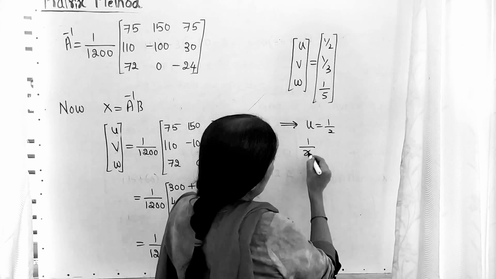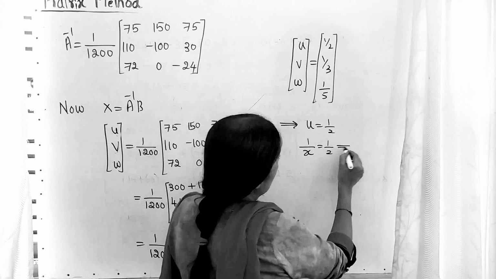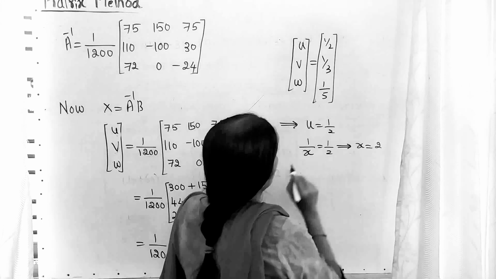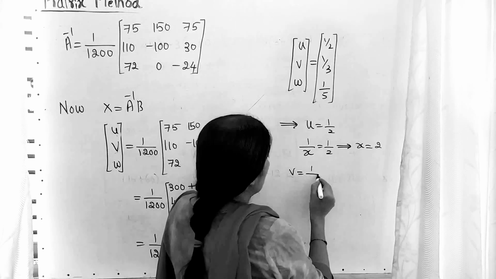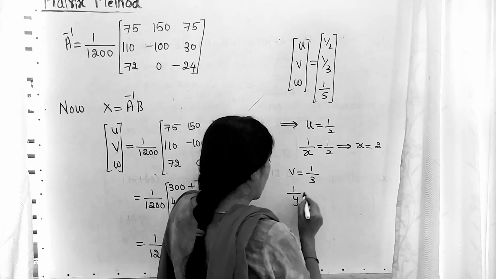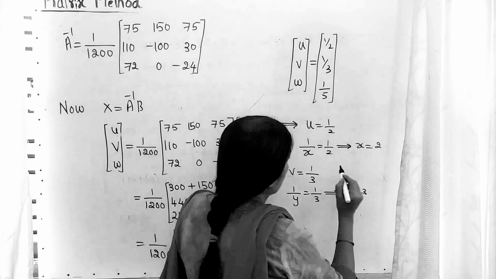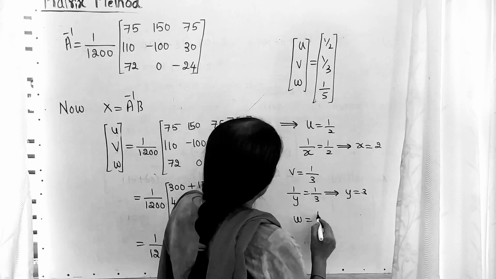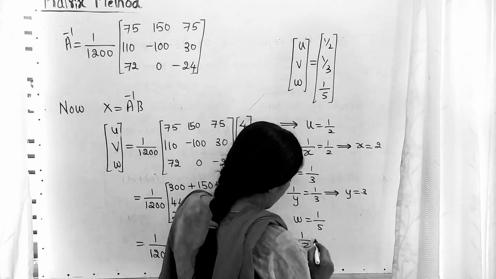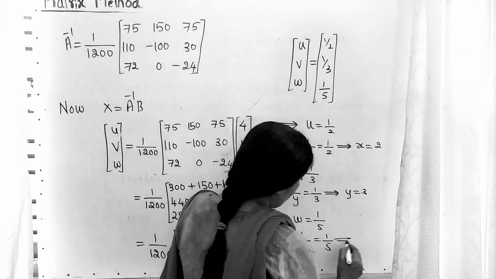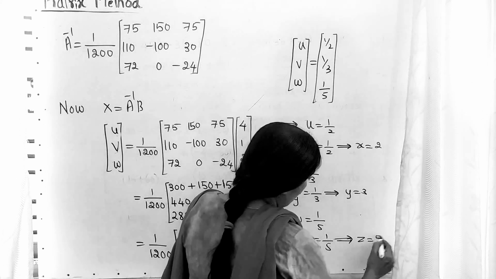U is nothing but 1 by X. 1 by X is 1 by 2 implies X is equal to 2. And V is 1 by 3, V is 1 by Y, so Y is 3. Then W is equal to 1 by 5. W is 1 by Z is equal to 1 by 5, implies Z is equal to 5.